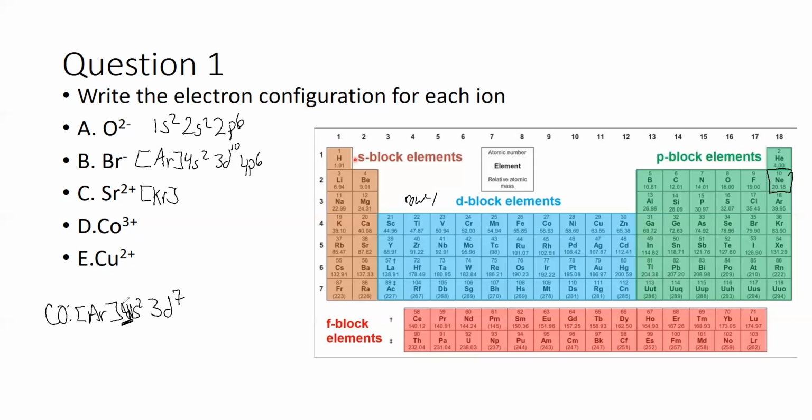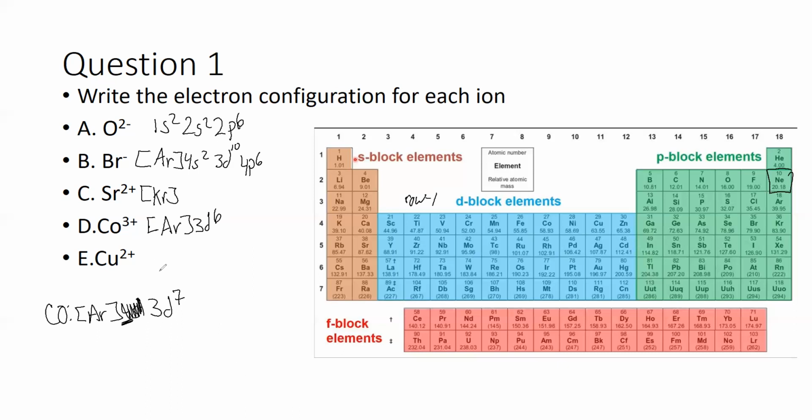So 4s2 will go away. Then we're going to lose 1 electron from the 3d orbital. So cobalt 3+ is argon 3d6. 2 electrons came from 4s. 1 electron came from 3d.